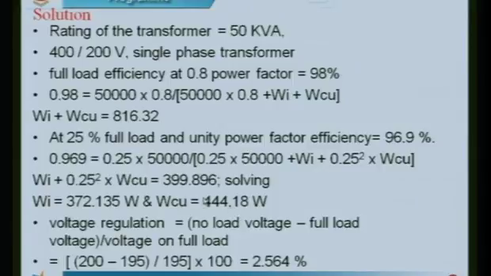Generally for all transformers the iron loss will be smaller than the copper loss. This is the full load condition, right? Only under full load condition will this happen. At any other condition the copper loss may be smaller than the iron loss, depending on the load, but under full load the iron loss will always be smaller than the full load copper loss.